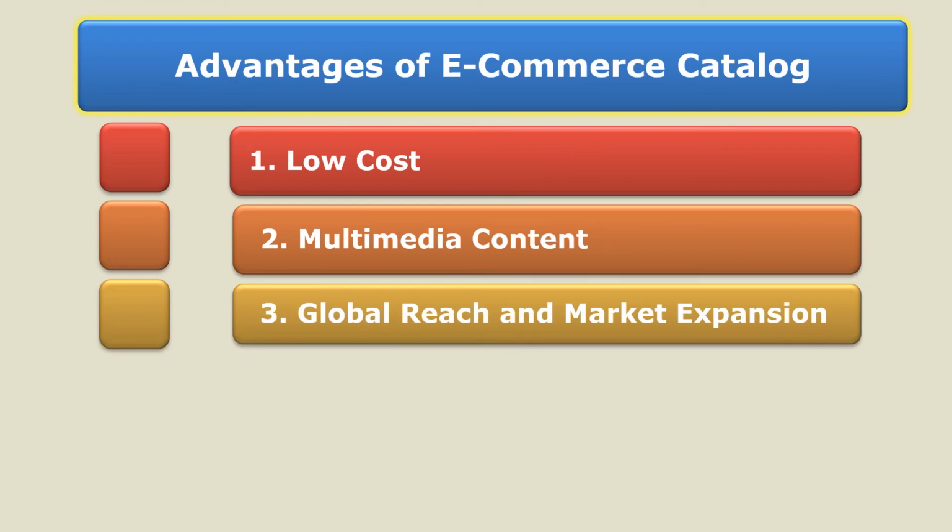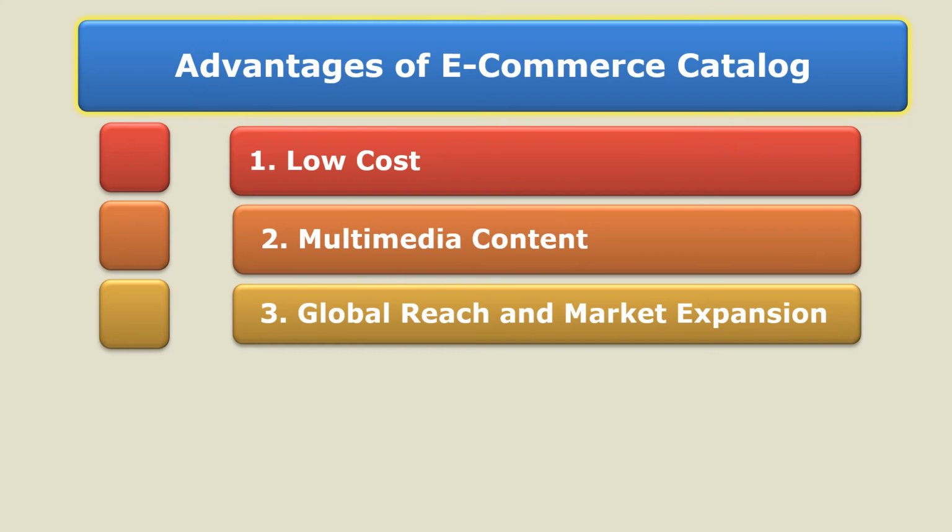Next one is the global reach and market expansion. The e-commerce catalog, that is a web page, has a global reach. That is the reason why business organizations can gain new customers from any corner of the world. Once a web page is created and published, then anybody across the globe can access that particular web page.